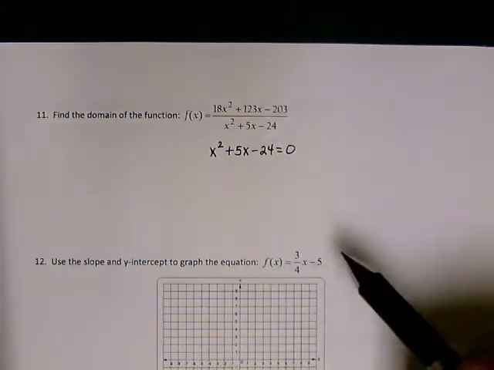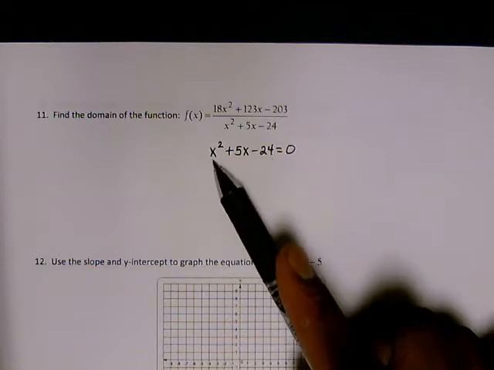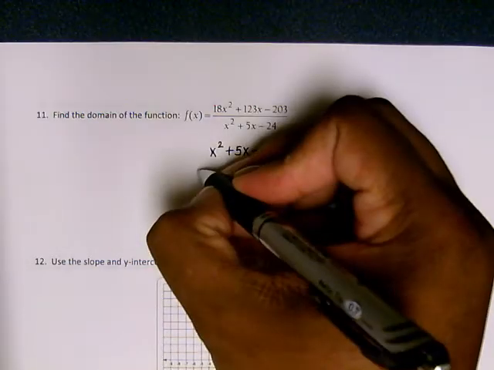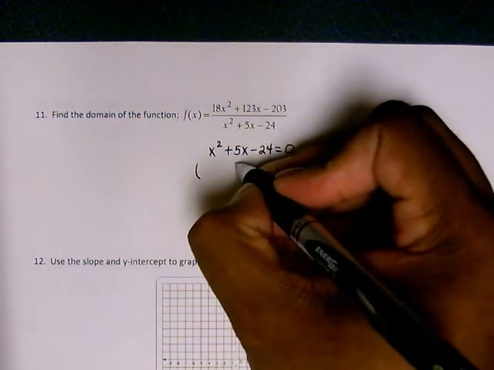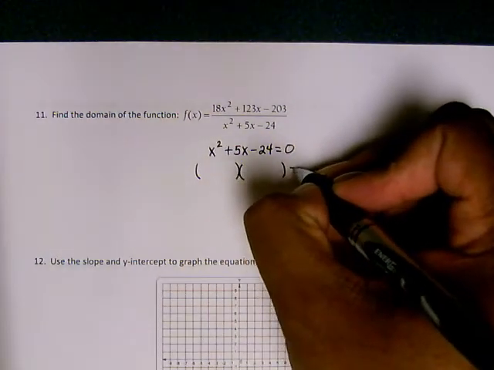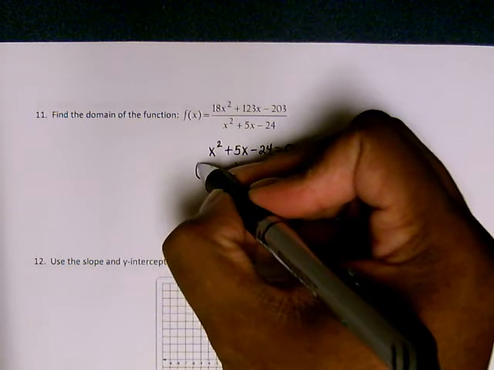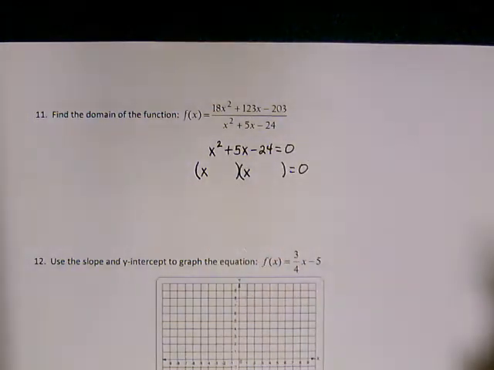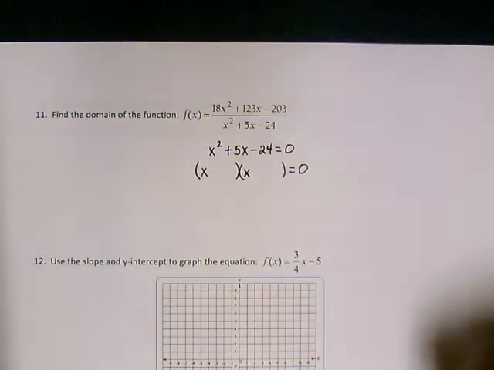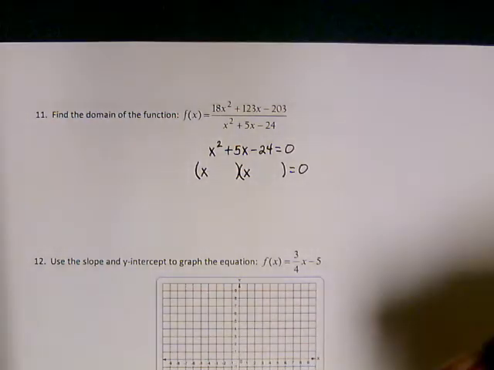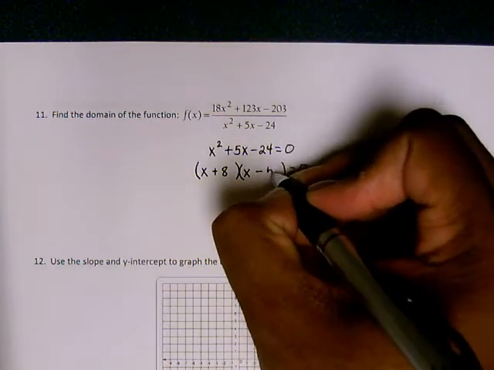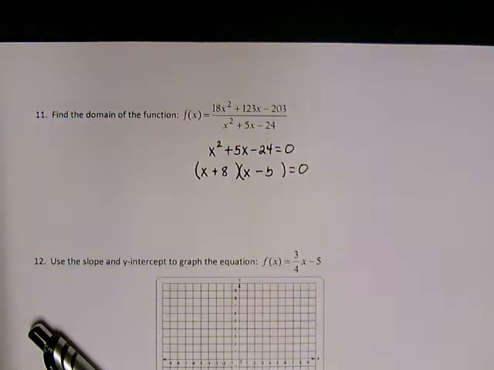So now we'll take that x squared plus 5x minus 24 and factor it completely into two binomials. Your x squared would be x and x. And then factors of negative 24 that will give me a middle term of 5x will be, let's see, plus 8, minus 3.